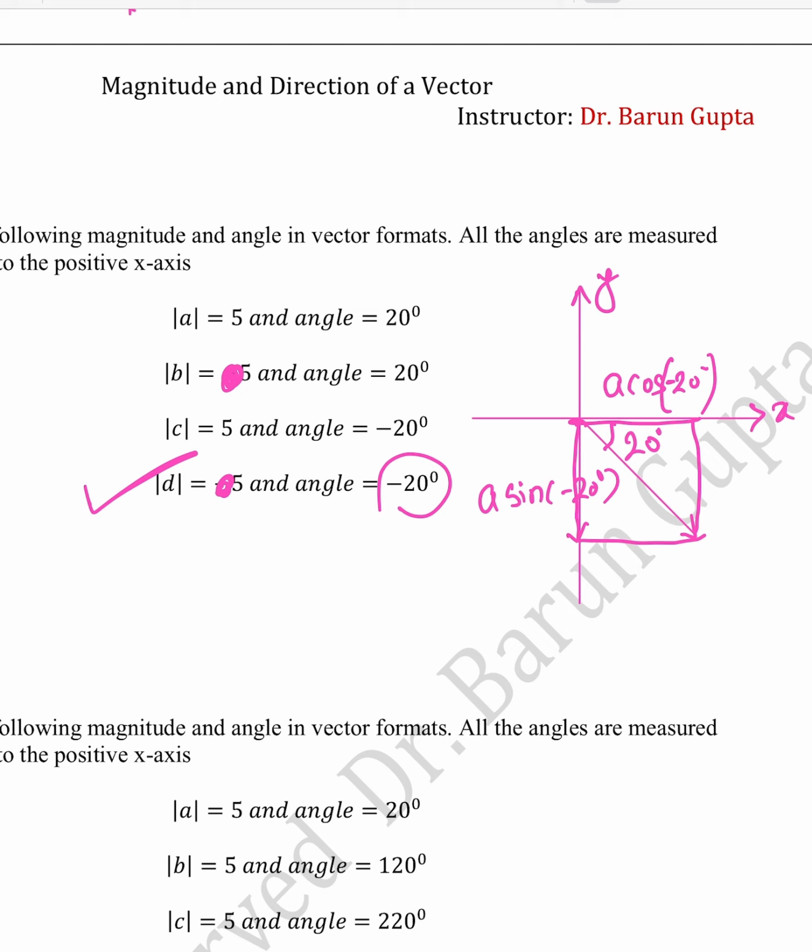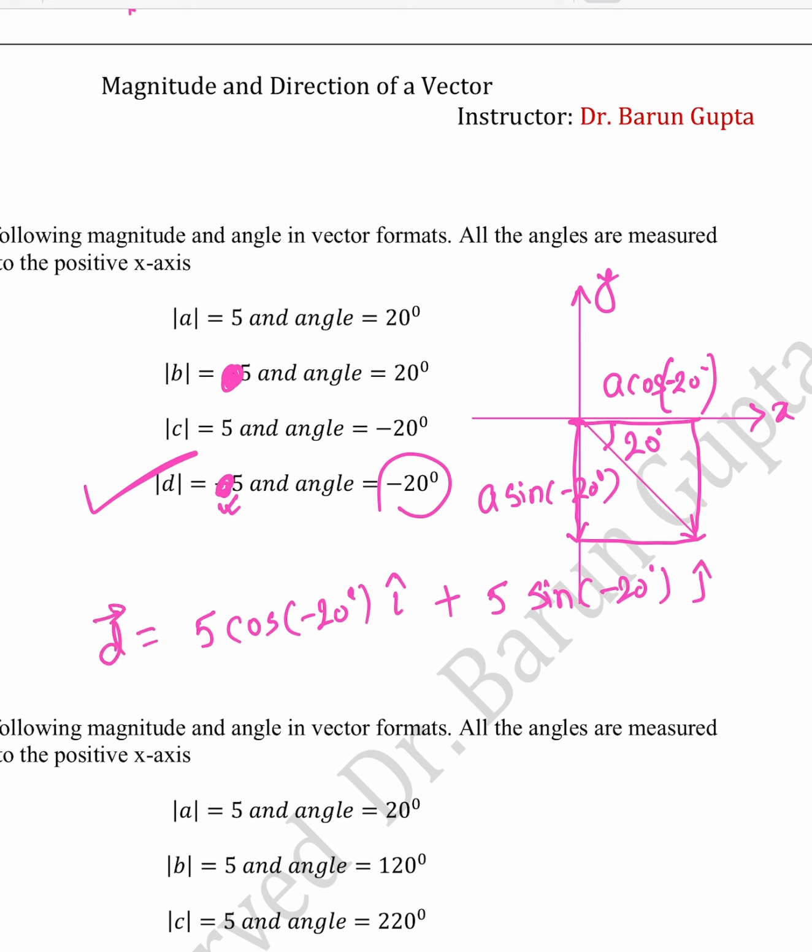So what is the A here? 5 cosine negative 20 degrees i unit vector, plus 5 sine negative 20 degrees j vector, and that is the D vector here.